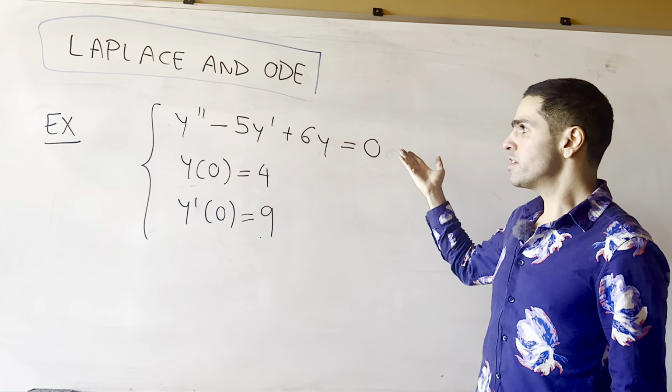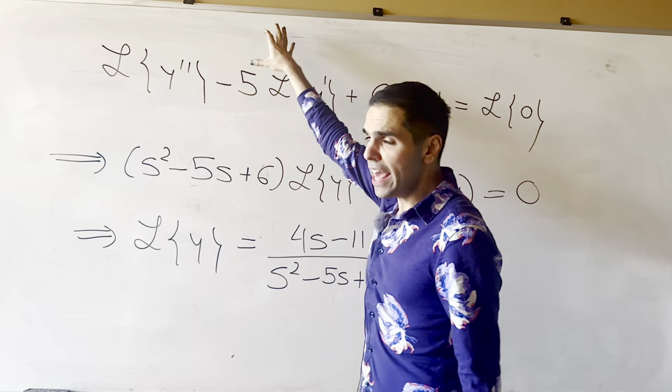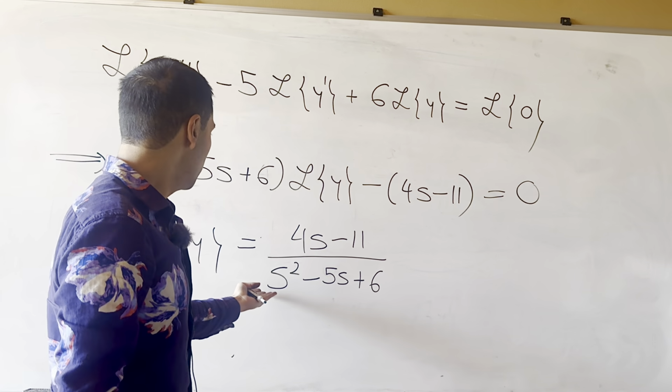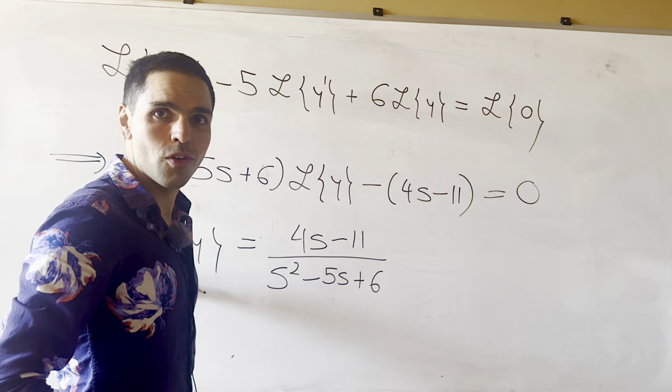We end up getting L of y equals some junk, so 4s minus 11 over s squared minus 5s plus 6. So that was the first step. In other words, take our differential equation, apply the Laplace transform, and solve for L of y.